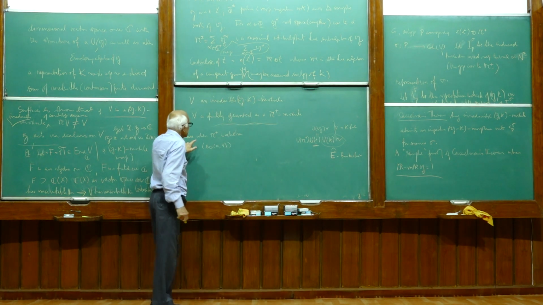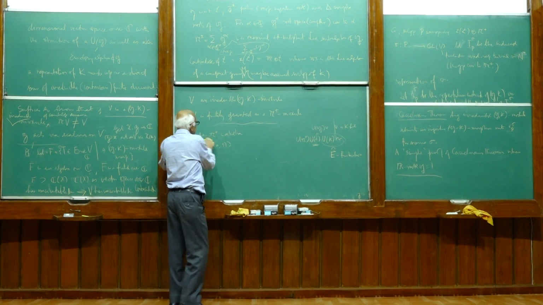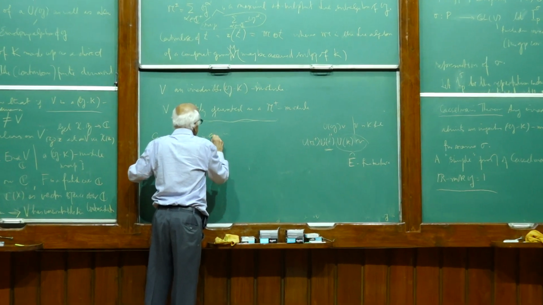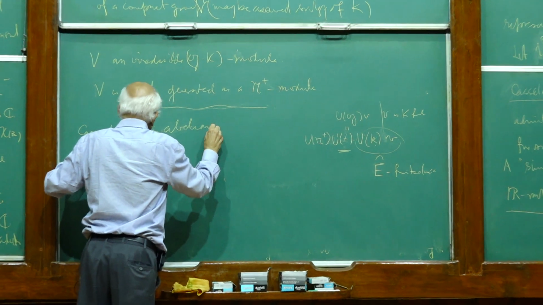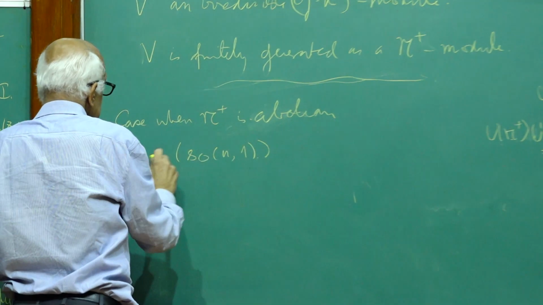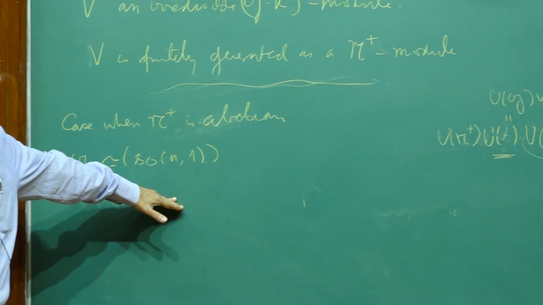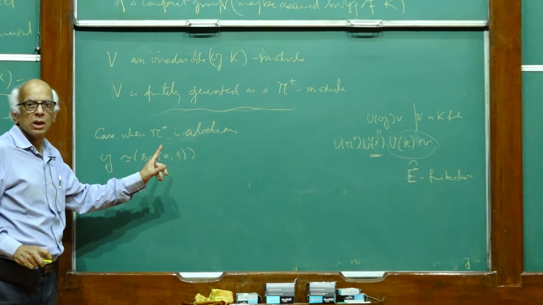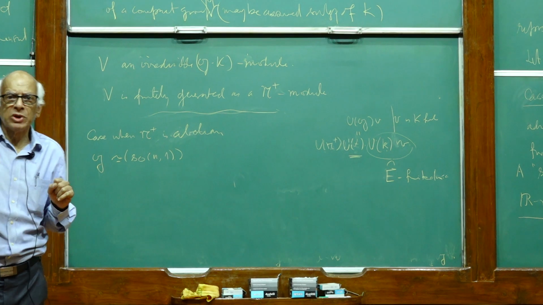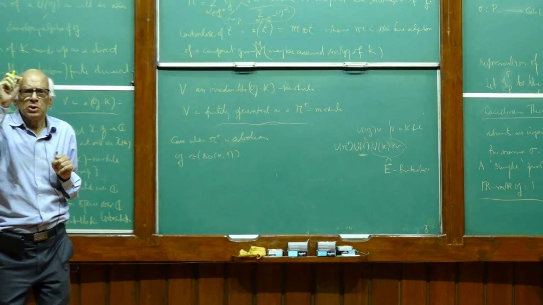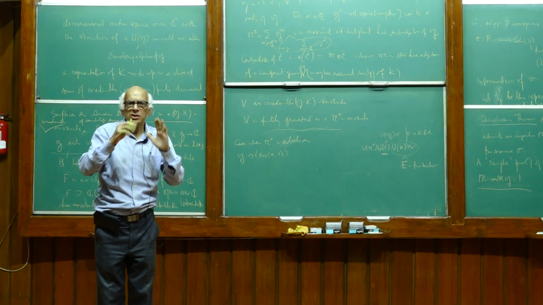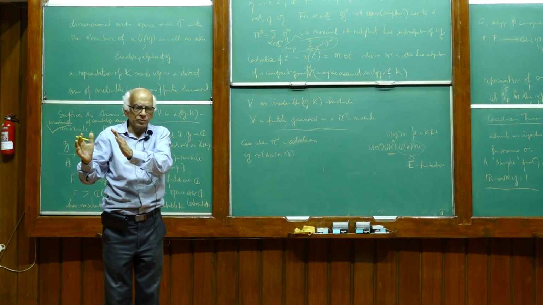I just look at the case when n plus is abelian. That really means G is isomorphic to SO(n,1). For SU(n,1), it's a two-step case: there's a g alpha and a g 2alpha.